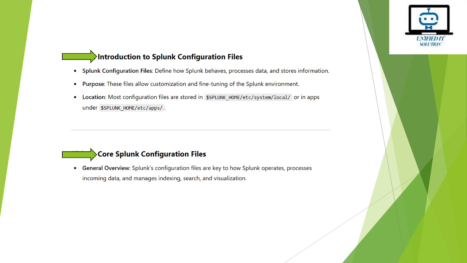Introduction to Splunk configuration files. Splunk configuration files define how Splunk behaves, processes data, and stores information. The purpose of the files is to allow customization and fine tuning of the Splunk components. These configuration files are mostly stored under the Splunk home path, under etc/system/local or in the apps, etc/apps. It depends.